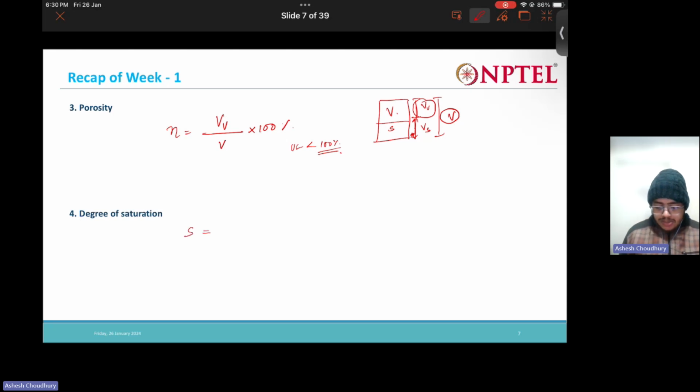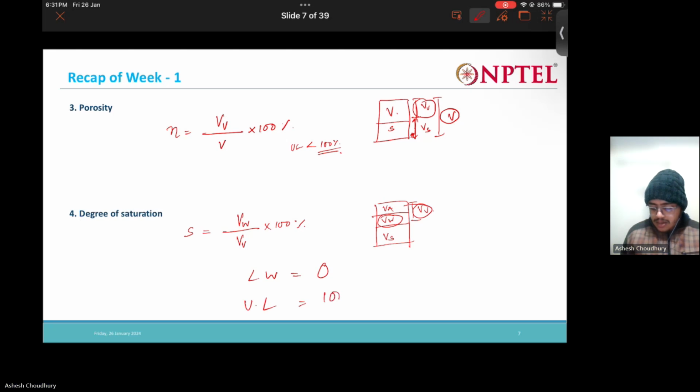The next is degree of saturation. Degree of saturation is volume of water by volume of voids. So the lower limit can be 0 and the upper limit can be 100%. So 0 to 100%.